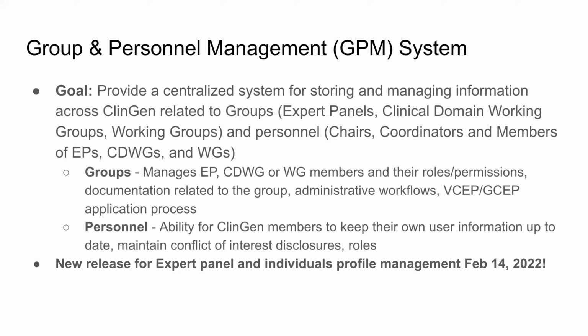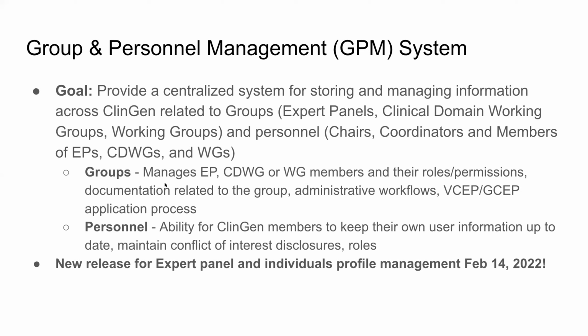And so trying to manage and make sure that we understand how each of our individuals and our groups are operating becomes more complex with expert panels, clinical domain working groups, but also those personnel. And we know that several of you actually participate in multiple groups. So the goal of this system was really to help us to organize and provide this centralized resource.